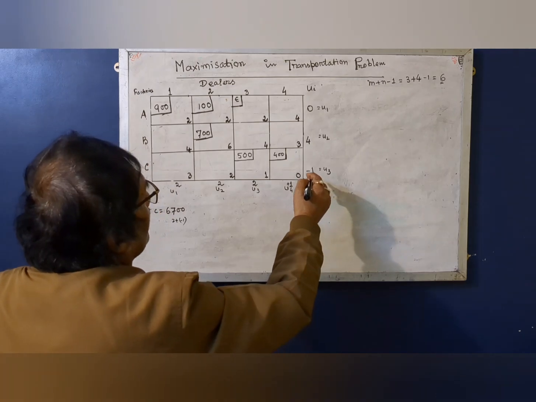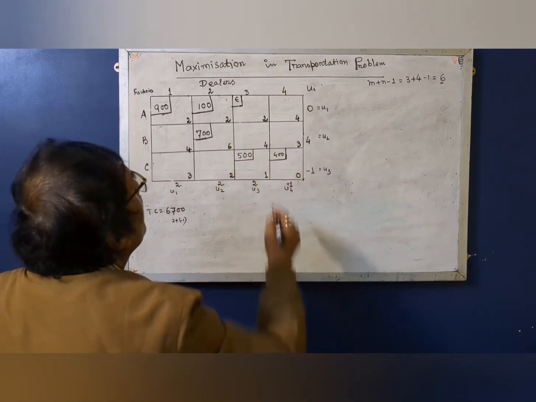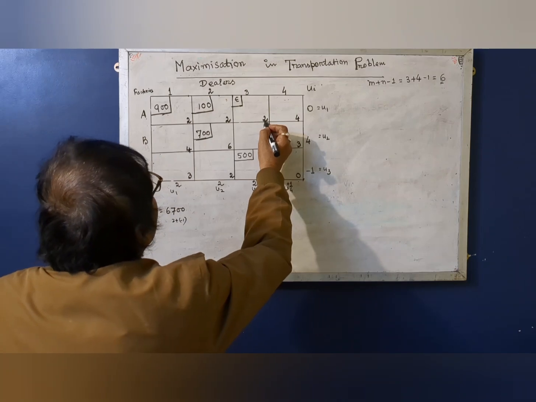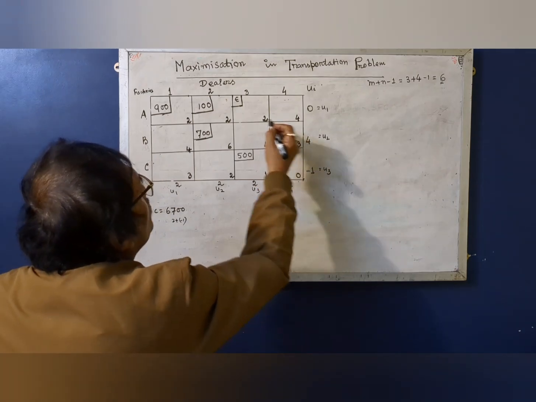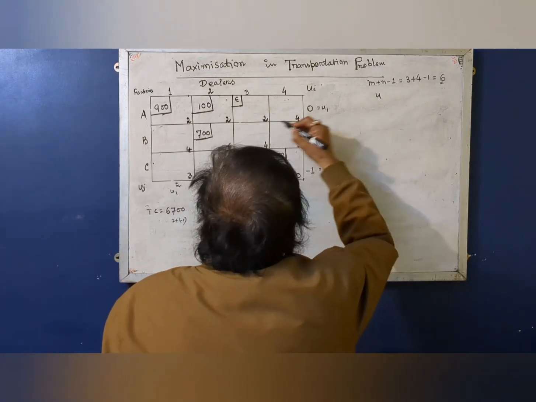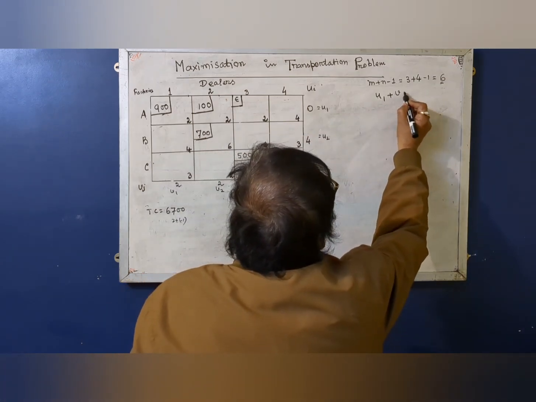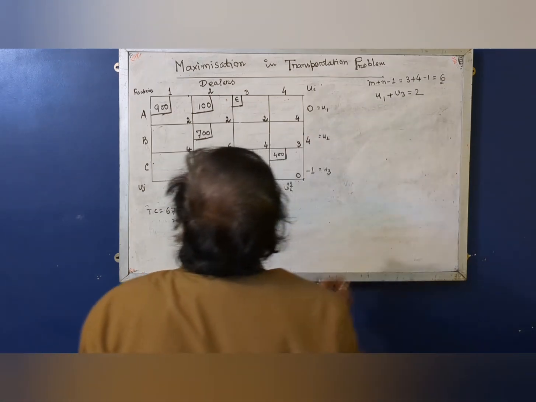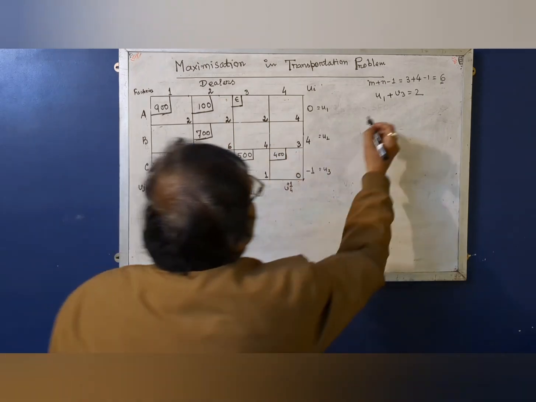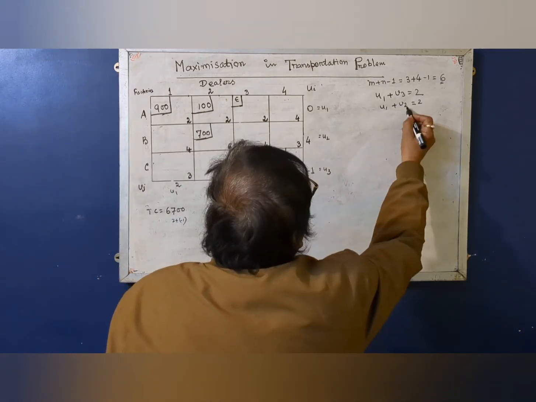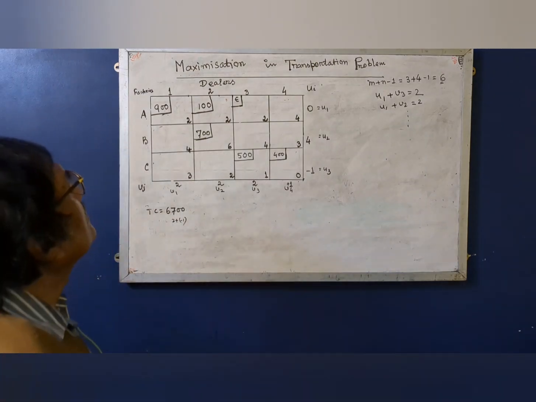Actually, the concept behind it is that you have to form the equations with the help of the cost of basic cells. So I am writing. The equation will be, in this case for 2, u1 plus v3 is equal to 2. Then u1 plus v2 is equal to again 2. In this way, you can write the equations.